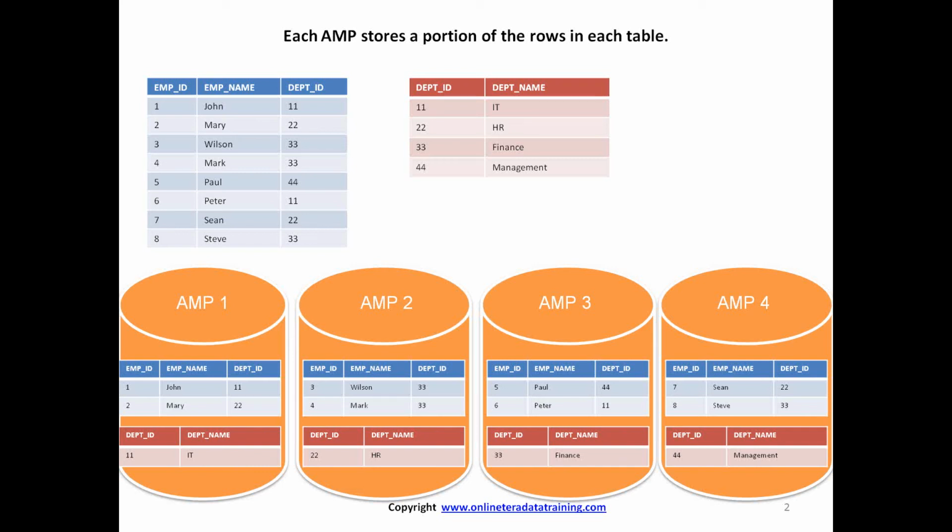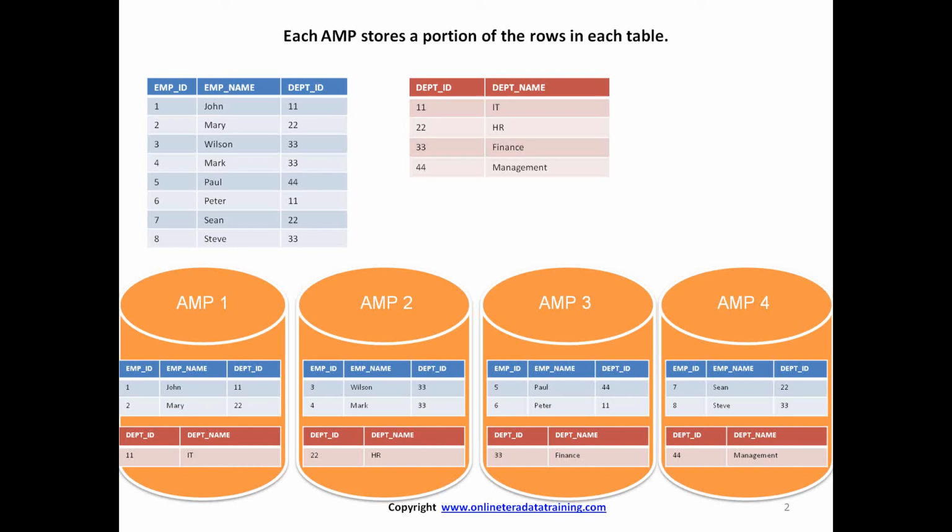If you randomly pick any AMP from the Teradata system, that AMP contains a portion of the rows of each table. We cannot say that the employee table will go into only AMP1 or only AMP2. It will be distributed across all the AMPs, so some portion of each table.